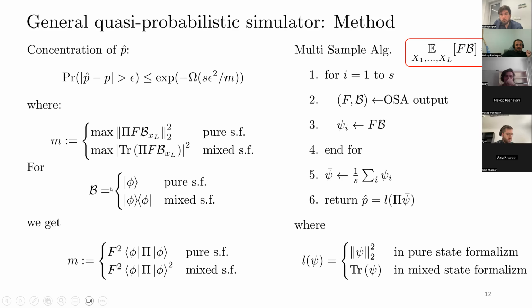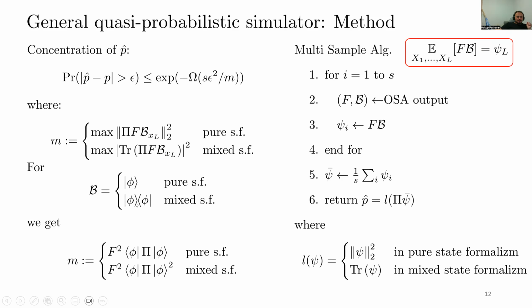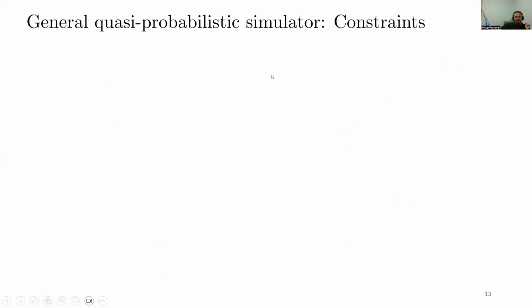For example, here B is one of these frame elements, might be psi in the pure state, and the corresponding mixed state guy is this outer product. When you compute these m's, you get a square here in the mixed state that you don't get here. More generally, you can have quadratically worse performance in S in the mixed state formalism. But on the flip side, in the pure state formalism, you might have to simulate phases, which can be difficult. There are other challenges with the pure state formalism. Okay.